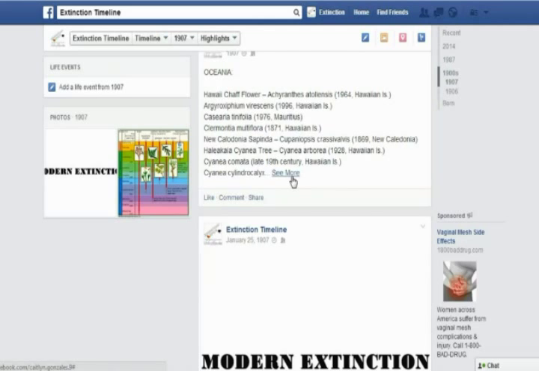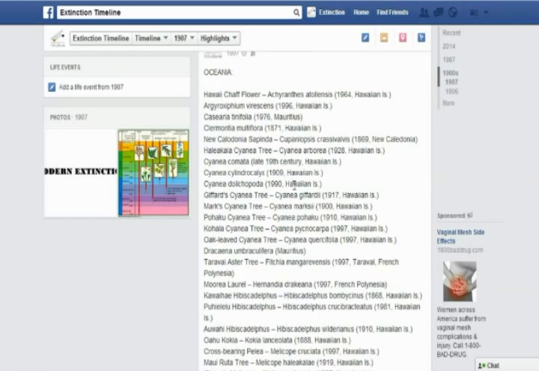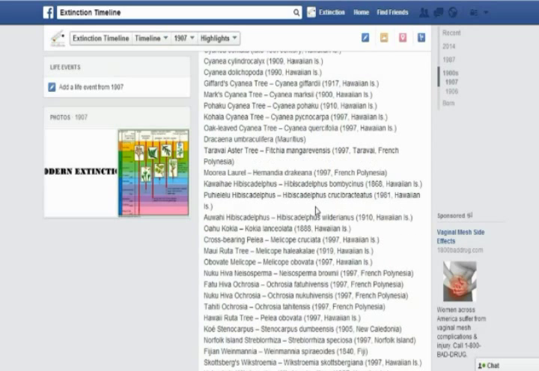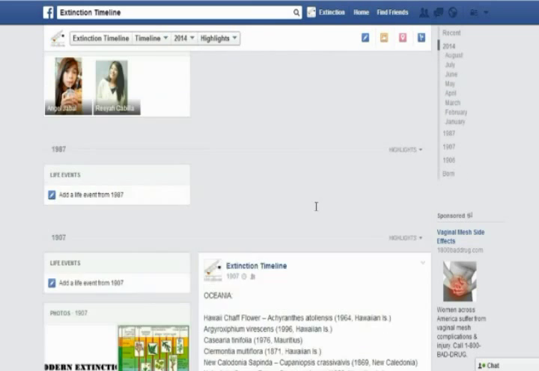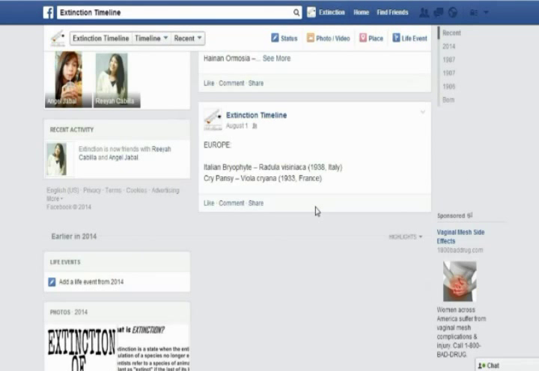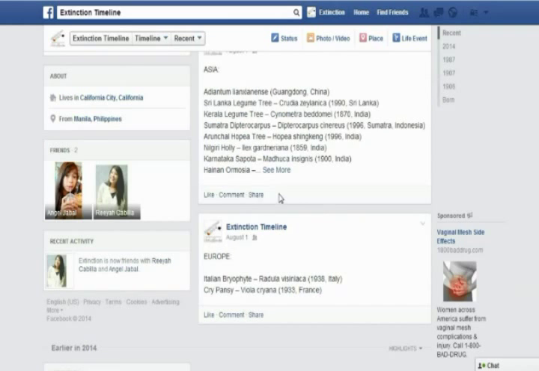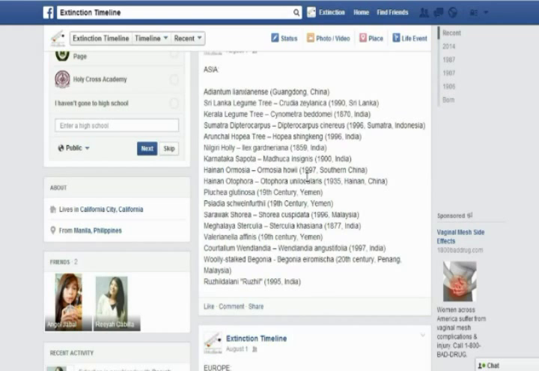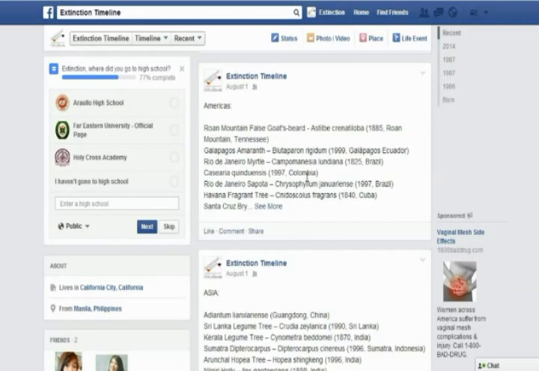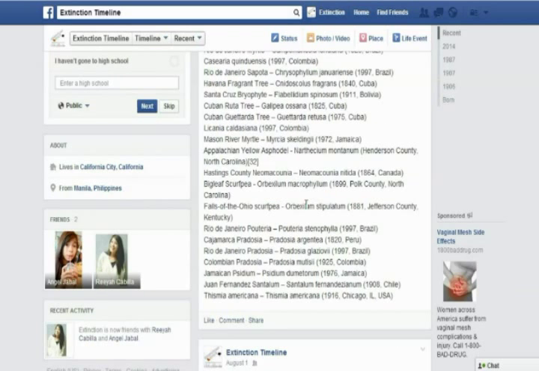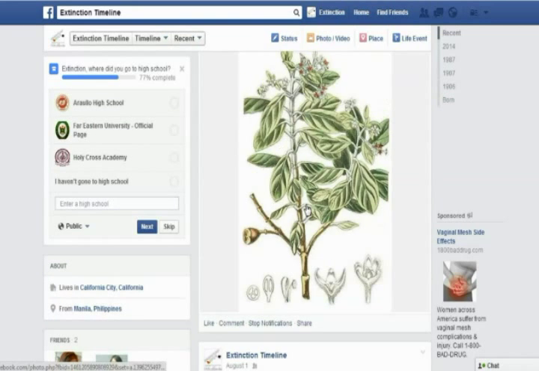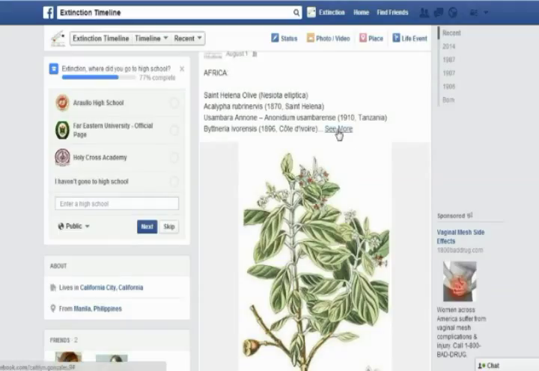Oceania. Europe. Asia. Americas. Africa.